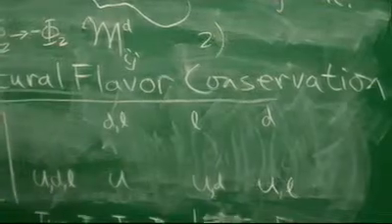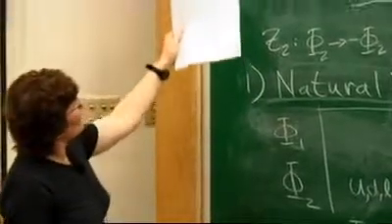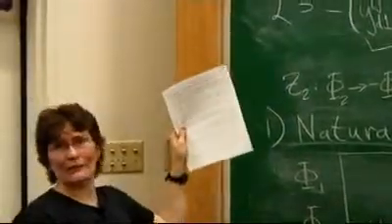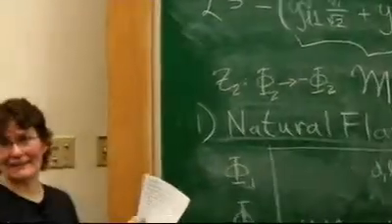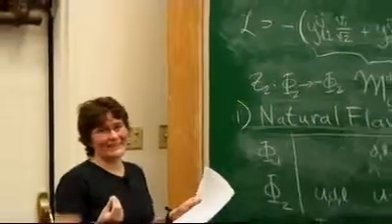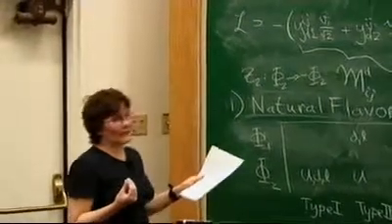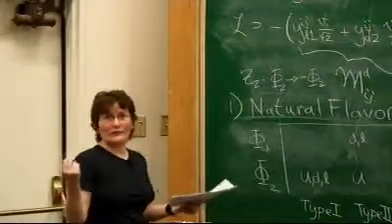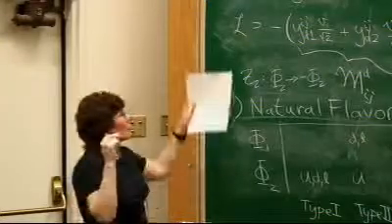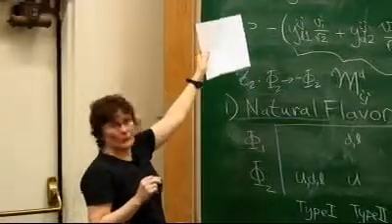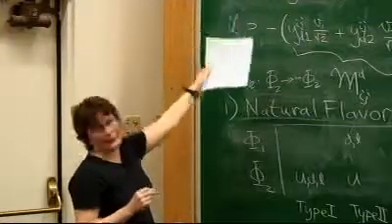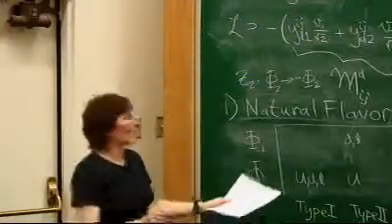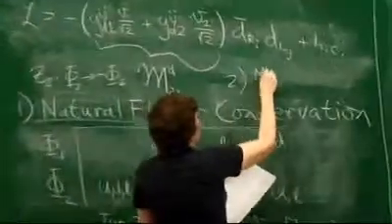The idea is that these two sets of Yukawa matrices that you write down here, you just require that they be diagonal in the same basis, which sounds kind of like a cheat, but the idea is that somewhere there's some model of flavor. And if that model of flavor generates Yukawa coupling matrices which are diagonal in the same basis for phi 1 and for phi 2, then you're fine. That's called minimal flavor violation.